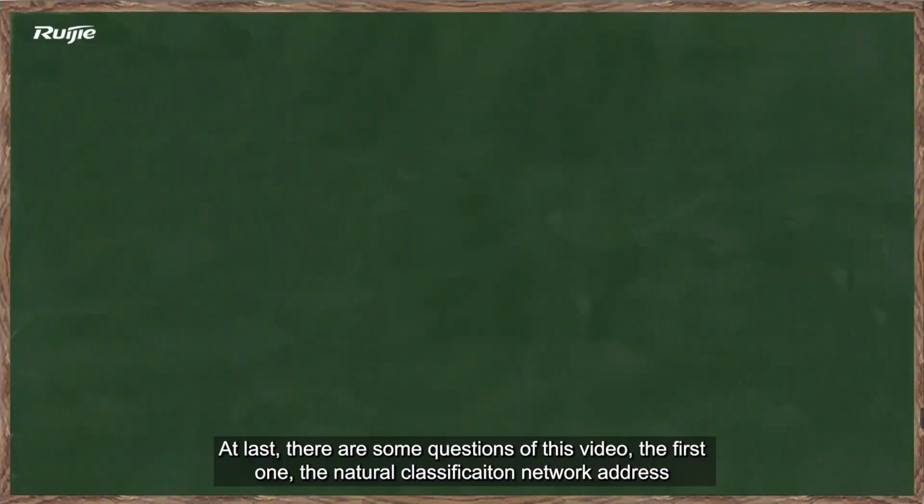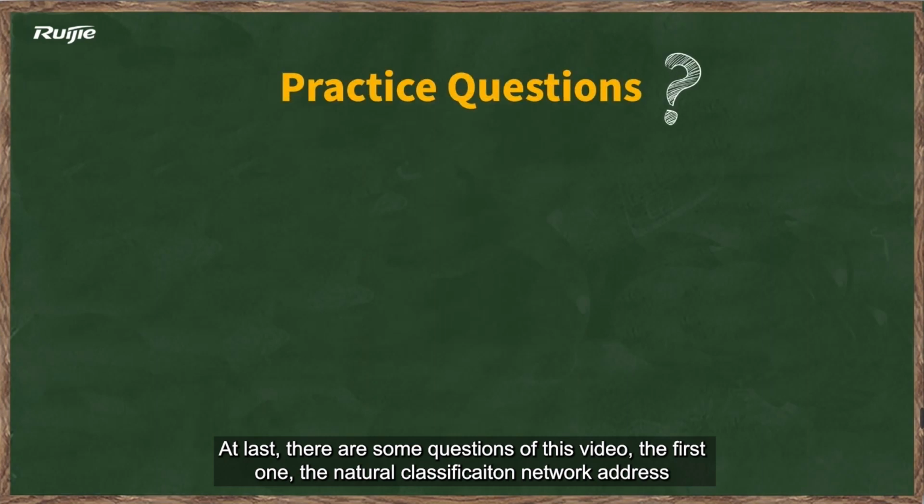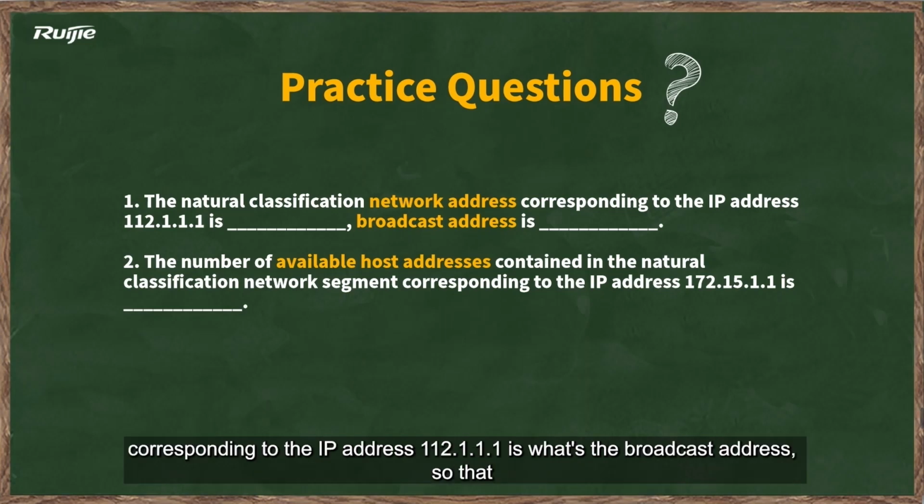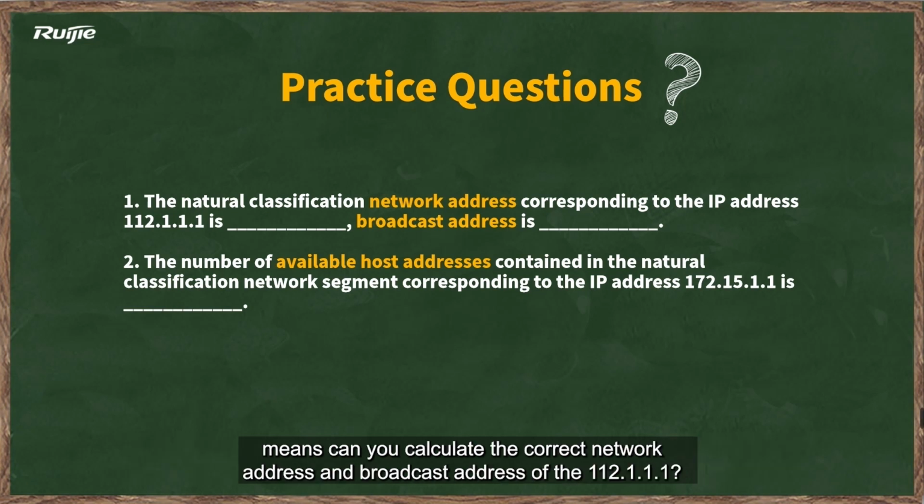At last, there are some questions for this video. The first one: the natural classification network address corresponding to the IP address 112.1.1.1, what is the network address and the broadcast address? Can you calculate them correctly?